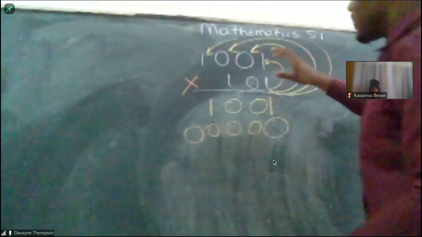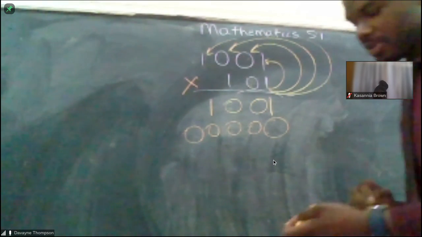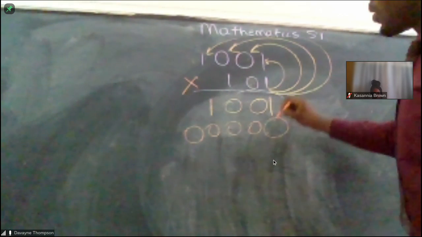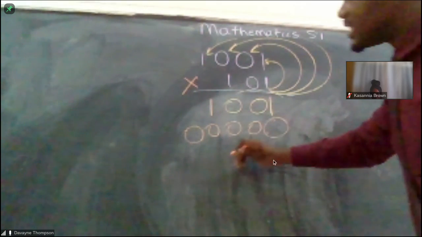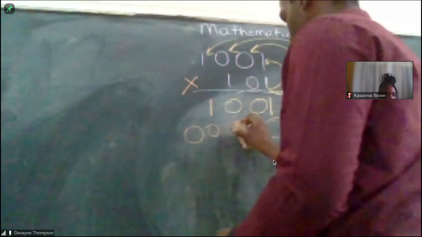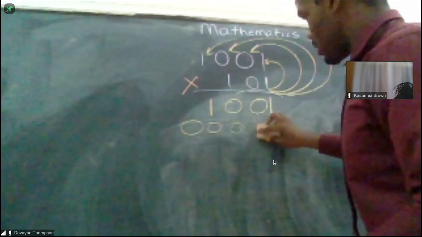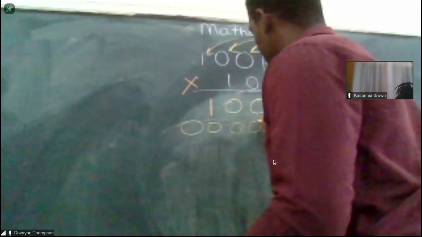Alright, so now that I finished the second row, the third row now. Kisanya, if I added 1 0 to the second row, how many zeros do I need to add to the third row? Can you repeat that for me?